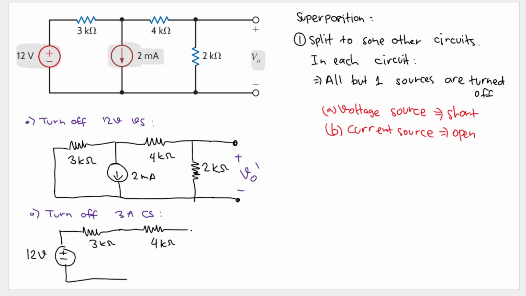And then we still have that 2 kilo ohm resistor. And here is our V0. But this V0 is not the same as the original circuit, and it's also not the same as this one. So we name it V0 double prime.